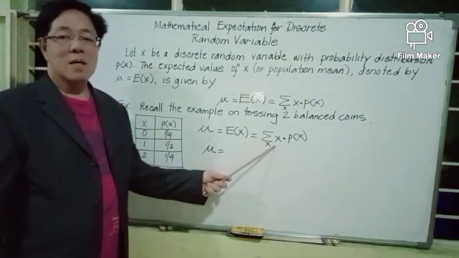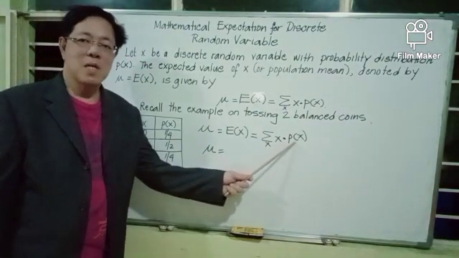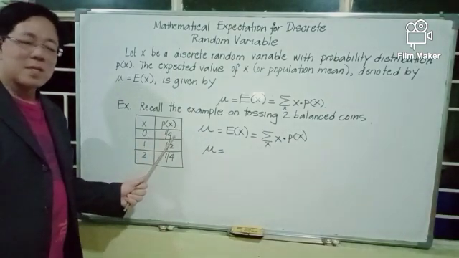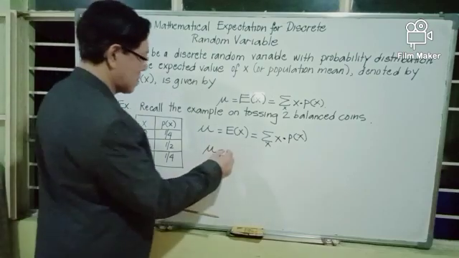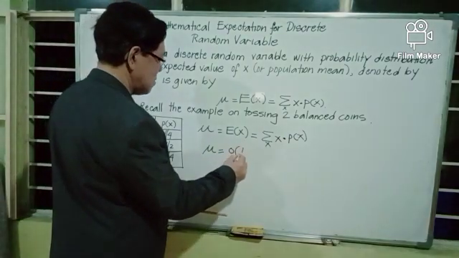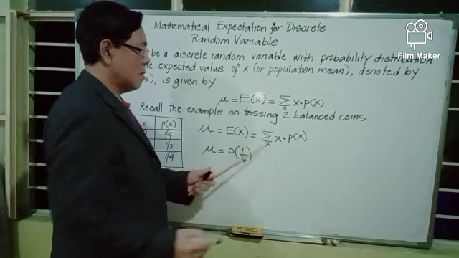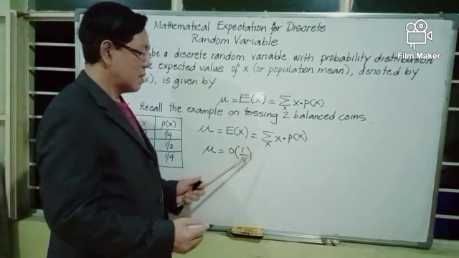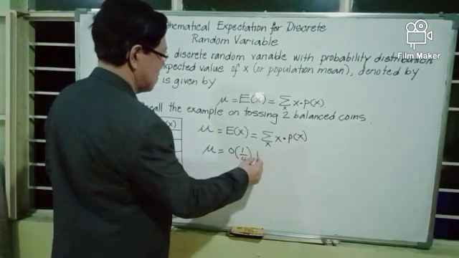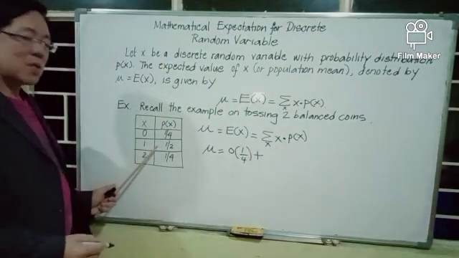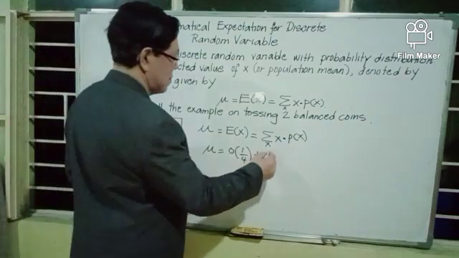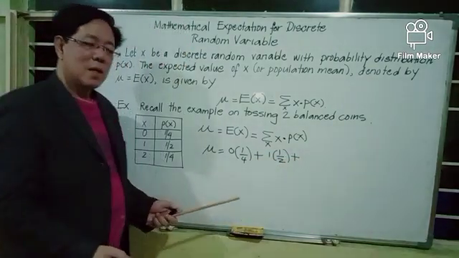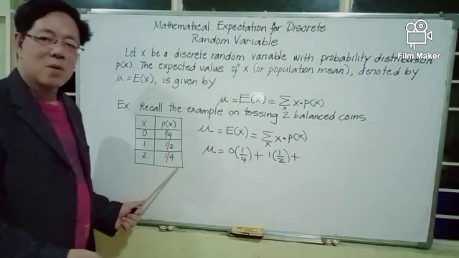We multiply the value of x by the corresponding probability. The first one is 0, multiplied by its corresponding probability, 1/4. The sigma notation for summation indicates the operation addition. So plus 1 multiplied by 1/2, plus 2 multiplied by 1/4.